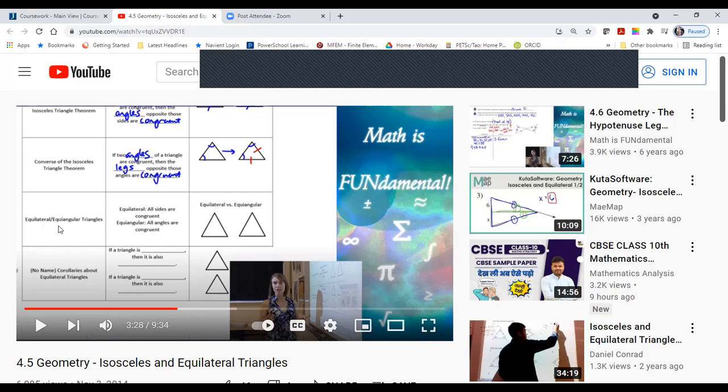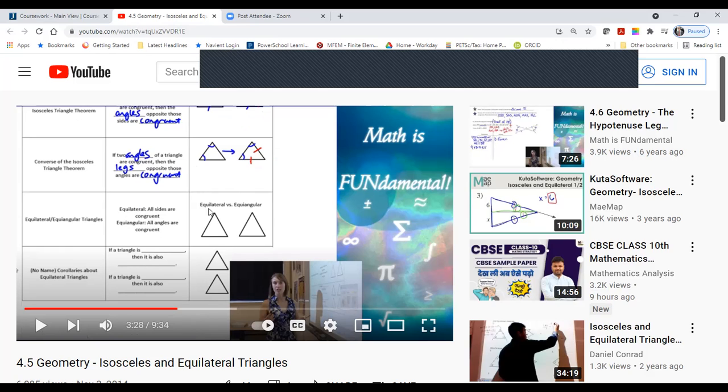And for the equilateral, equiangular triangle: if all of the sides are equal, okay, so equilateral means all sides are congruent. Equiangular means all angles are congruent.